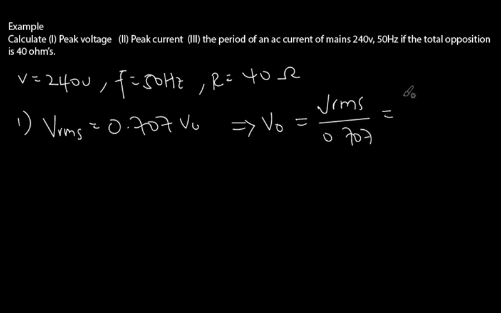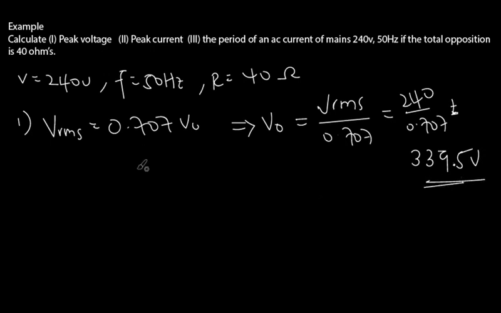We have 240 divided by 0.707, and the answer we get is 339.5 volts. So this is our V naught, which is the peak voltage in this instance.